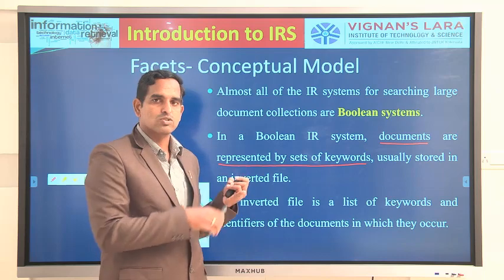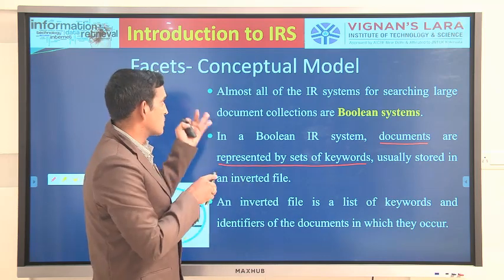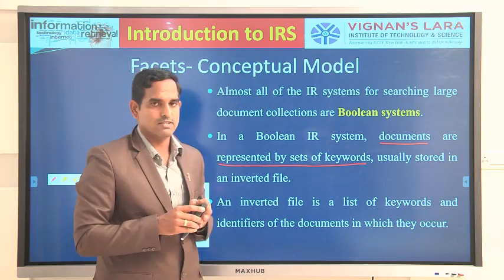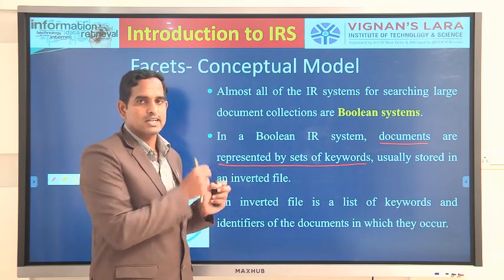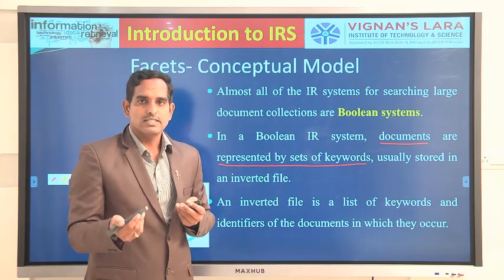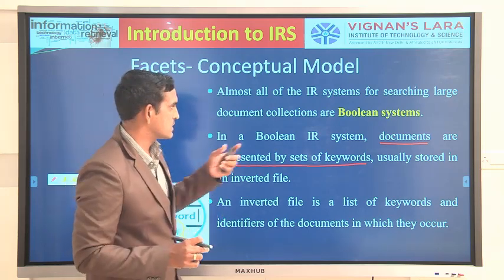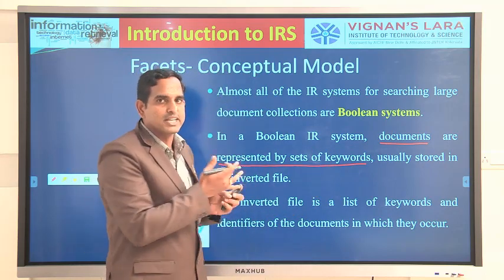The set of keywords could be domain representation, Boolean system, conceptual model, or IRS. All these act as keywords for that particular document. So in the future, if I search for Boolean systems, this document could be retrieved.